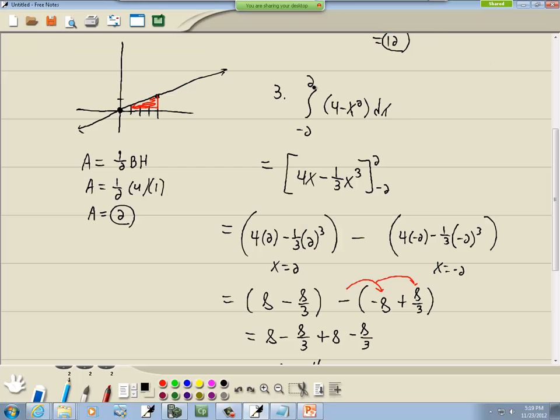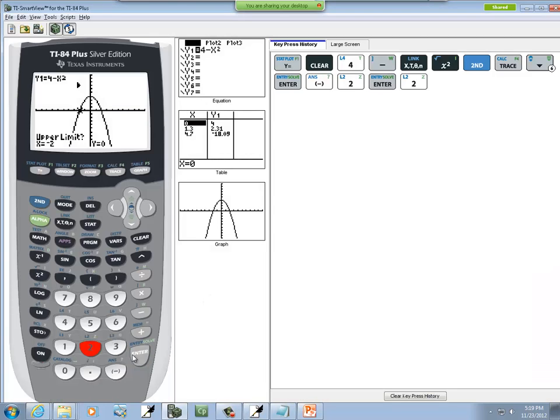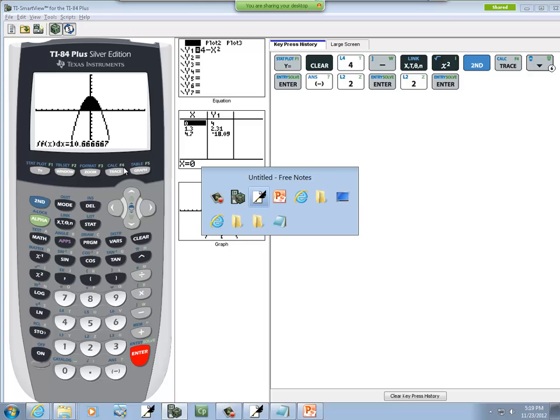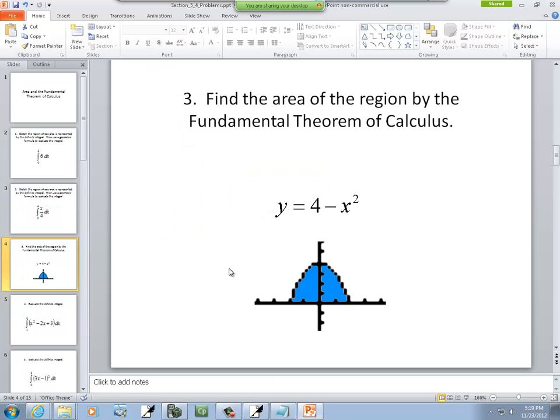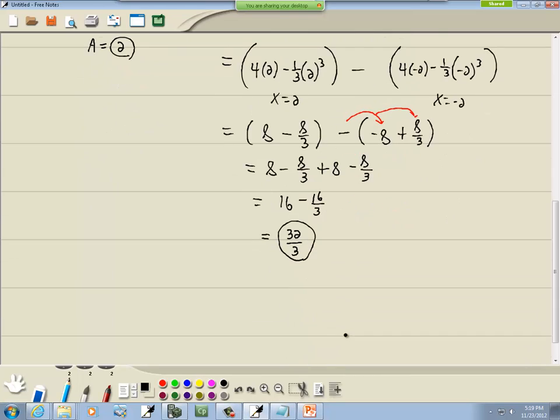We want it bounded by +2. And then it gives us this. As far as I know, there's no way to change that to a fraction. Doesn't mean there isn't. I just never have discovered it myself. But that gives you an approximation. Now, what I came up with by hand gave us the exact answer right here.